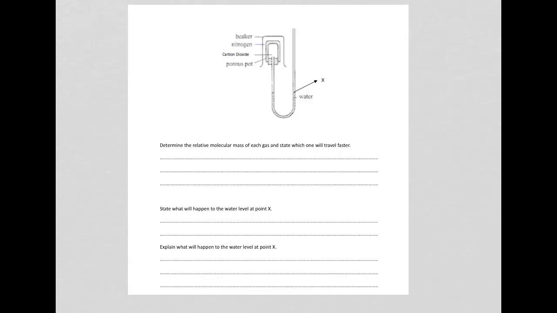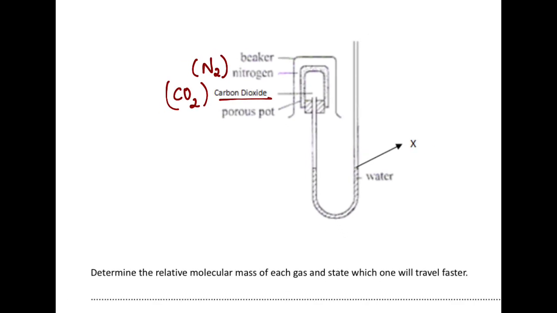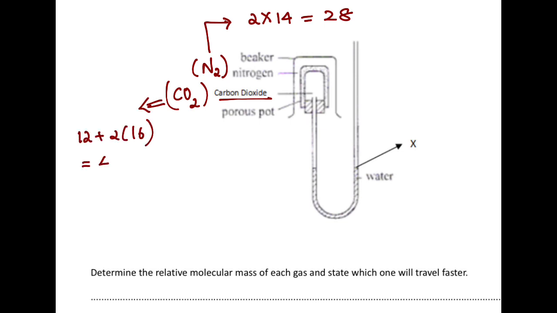In this case, we have nitrogen gas, N2, outside, and carbon dioxide gas, CO2, on the inside. The Mr of nitrogen is 2 times 14, so it's 28. And the Mr of CO2 is 12 plus 2 times 16, so this is 44, right?